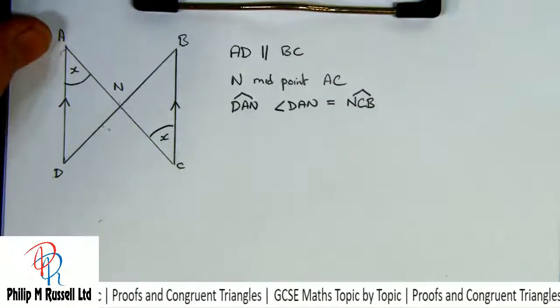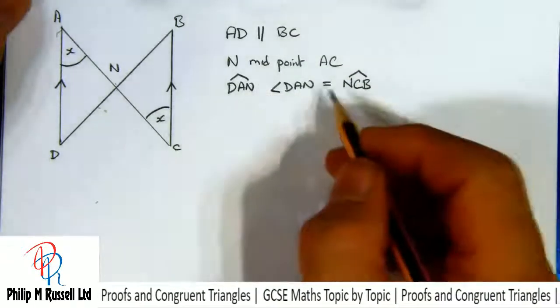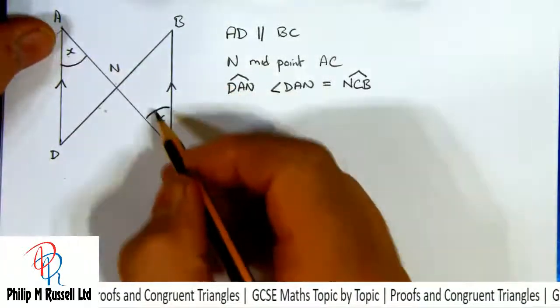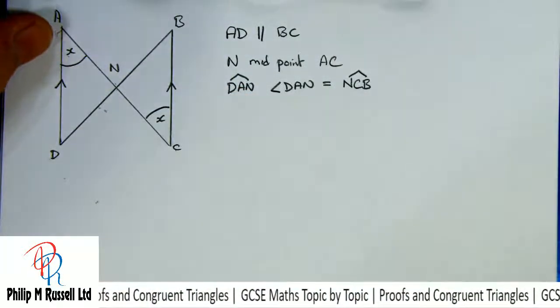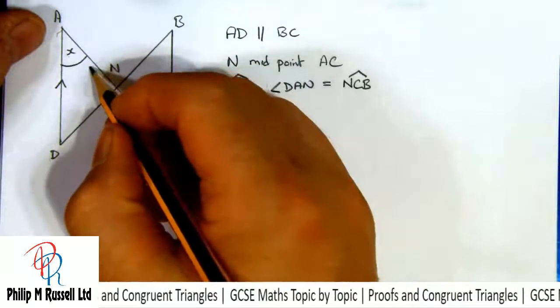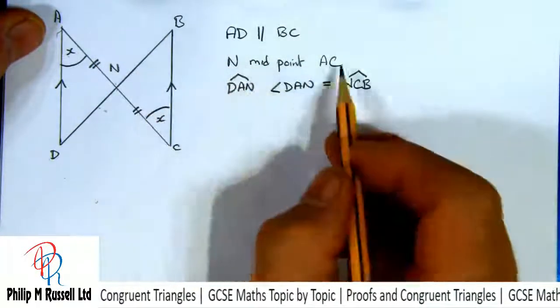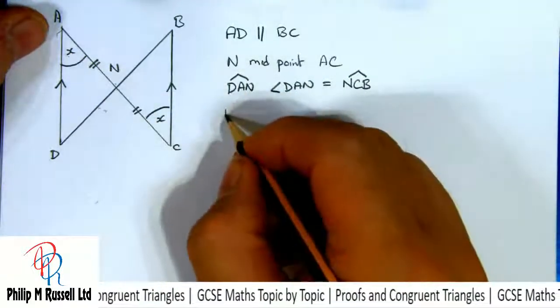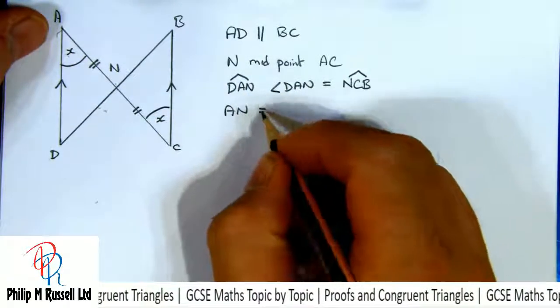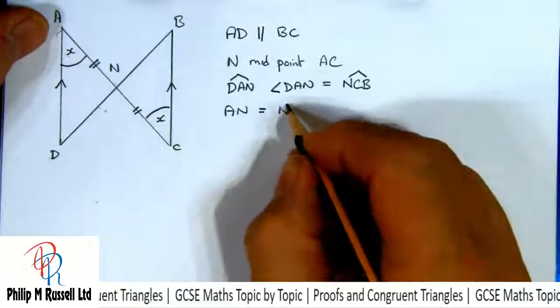So we know those 2 triangles, these angles are the same. If this is the midpoint, because I'm given this, N is the midpoint, therefore AN equals NC.